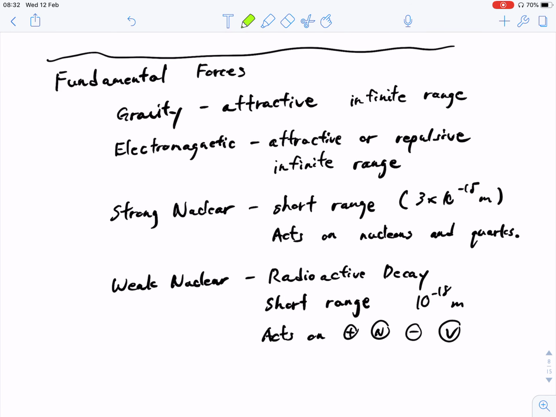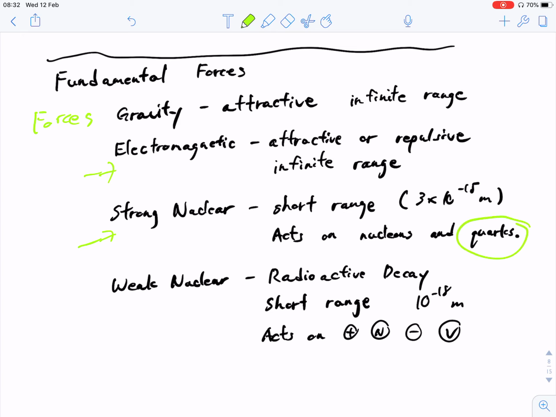A few more things. In terms of the fundamental forces, we have gravity, which we've talked quite a bit about in our forces unit. And we have electromagnetic force, which we will be talking about after we complete Unit 7. We have what we call the strong nuclear force, and this will probably make more sense after we complete the electromagnetic unit, but it's responsible for holding nucleons and even quarks together.